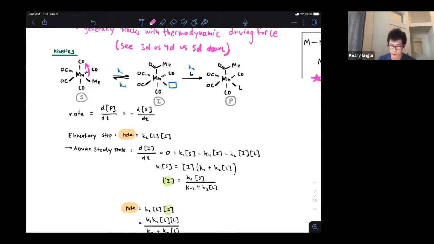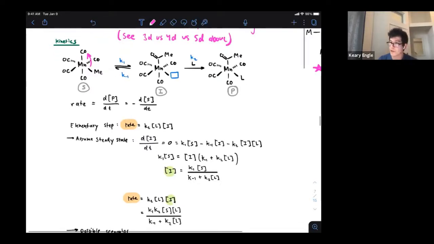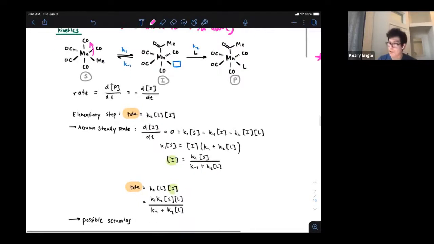So we can quickly put together a simple rate expression for formation of product, which is equivalent to consumption of starting material. We would then make a steady state approximation.